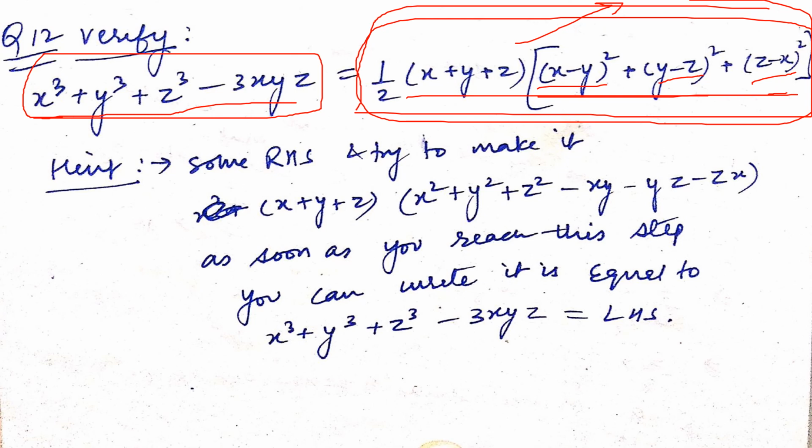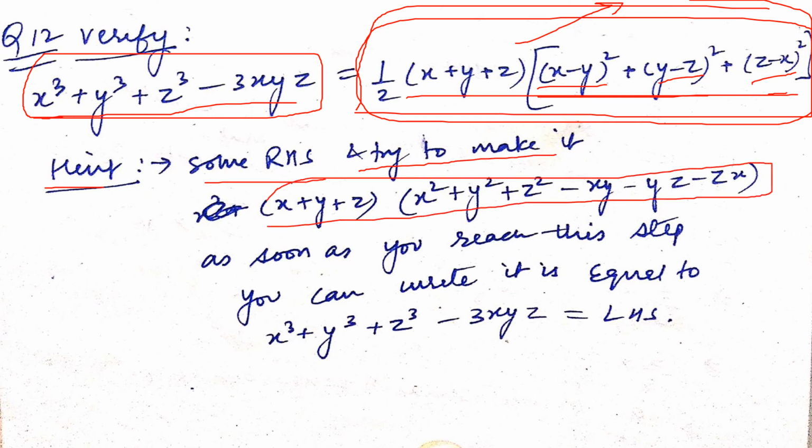So I've written here for you a hint. The hint is solve the right hand side and try to make it this thing. If you are able to make the right hand side in this form, you can say this is equal to this thing, which is our left hand side. So by this you are able to prove the question. I can prove this for you anytime, but I hope you try it first.